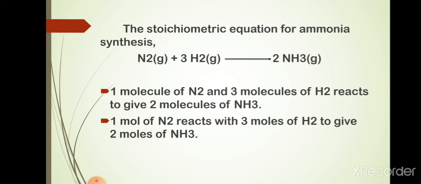Finally, from the stoichiometric equation of ammonia, we get the following information. First, to get 2 molecules of ammonia, NH3, 1 molecule of nitrogen and 3 molecules of hydrogen are consumed. Second, to get 2 moles of ammonia, 1 mole of nitrogen reacts with 3 moles of hydrogen.